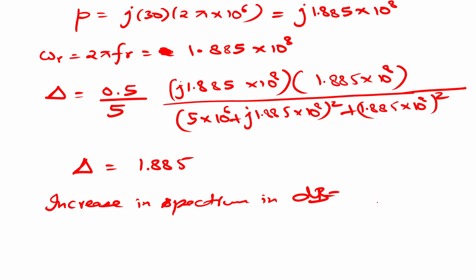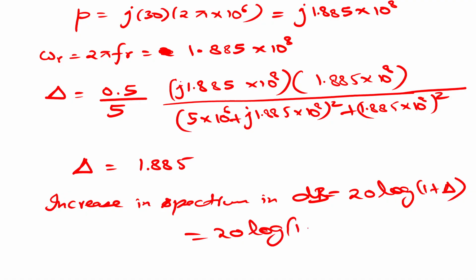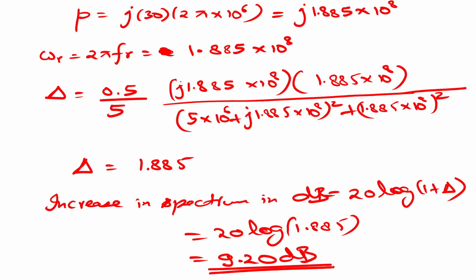In dB it is 20 log 10 (1 plus delta). When we solve this, it comes out to be 20 log 10 of 1.885, which is 9.20 decibels. So this is the solution for question number 11.